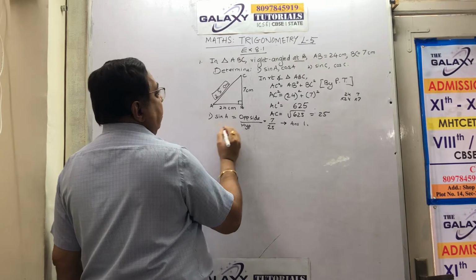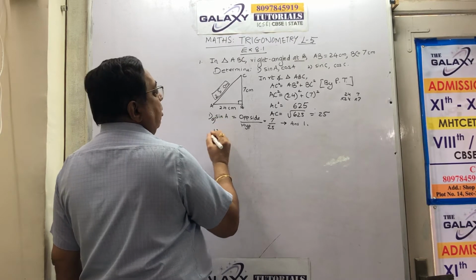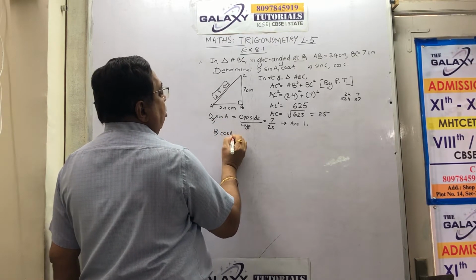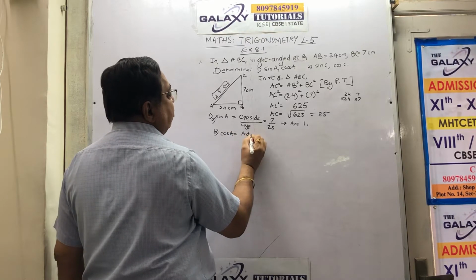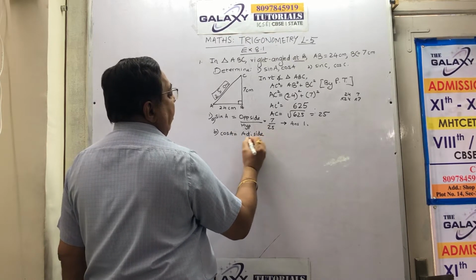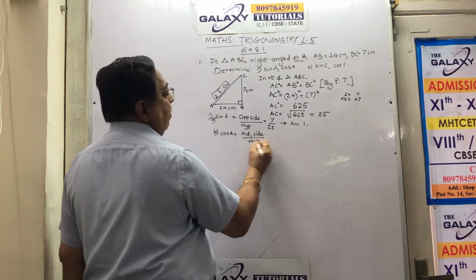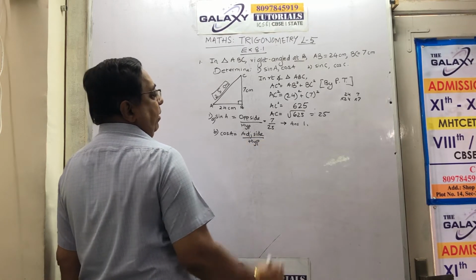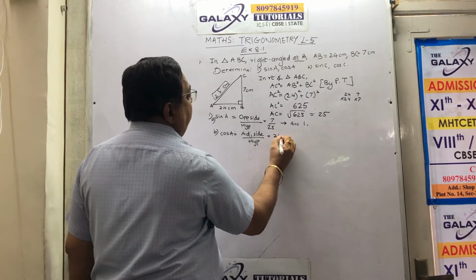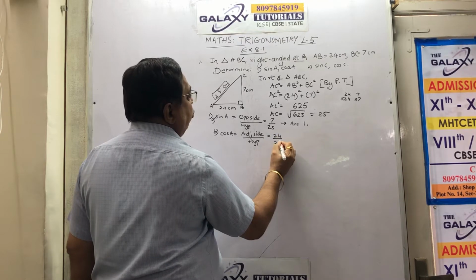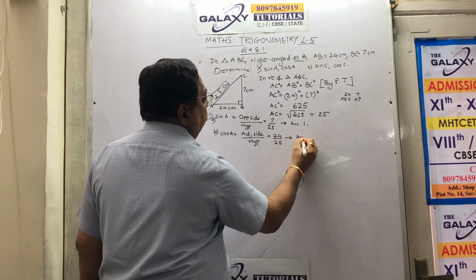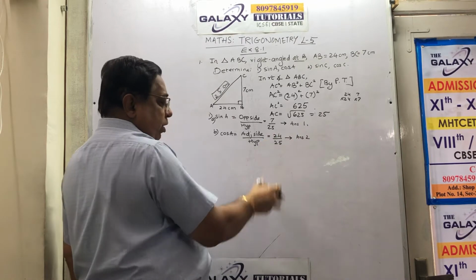Number 2: cos A. Cos is the adjacent side of A divided by the hypotenuse. So the adjacent side is 24 and the hypotenuse is 25. Answer number 2. These I am marking for you so that you can copy them down.